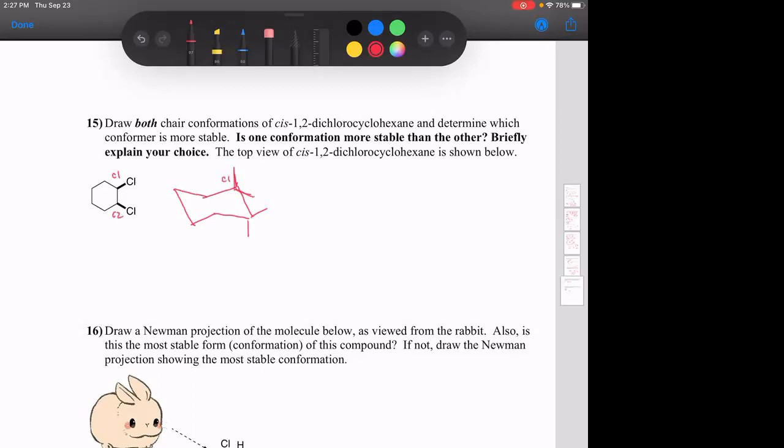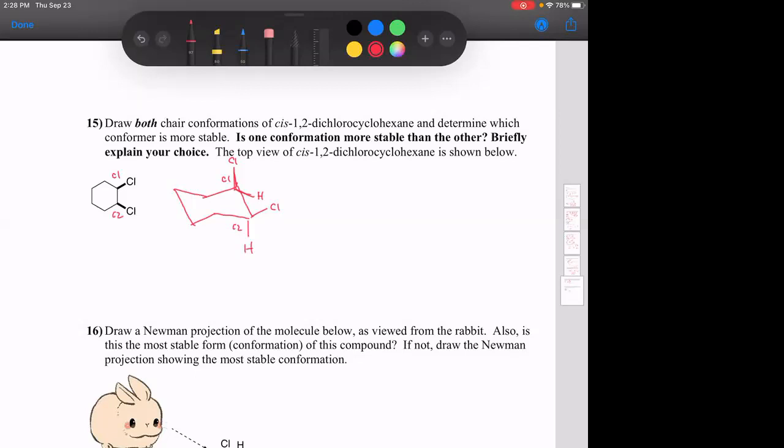So here's C1 and here's C2. So what I have to do here is look at C1, and at C1 from the top view, I have chlorine pointed up. So that means I got to put chlorine up here. And then there's a hydrogen understood down there. Over on C2, I have a chlorine that's also up. So we got to put it up there. And then there's a hydrogen understood to be down there.